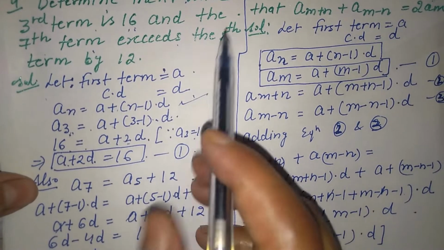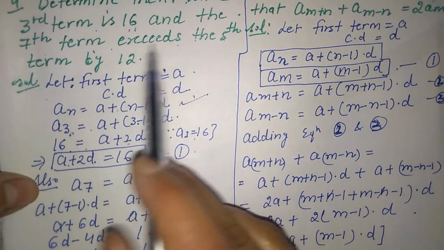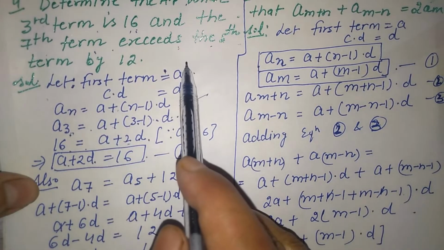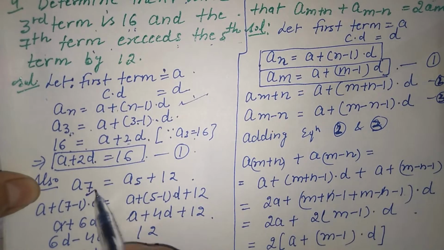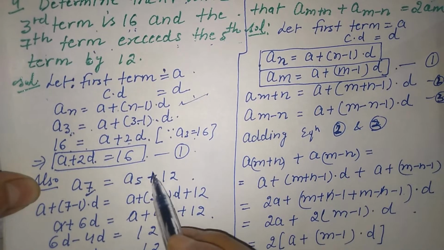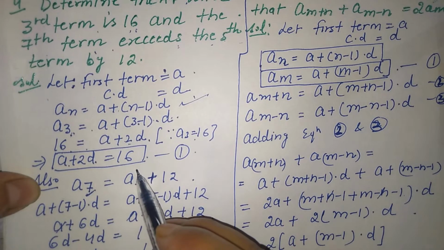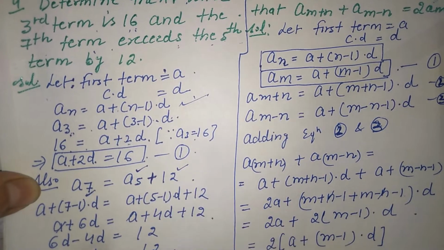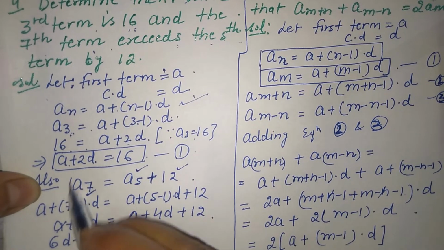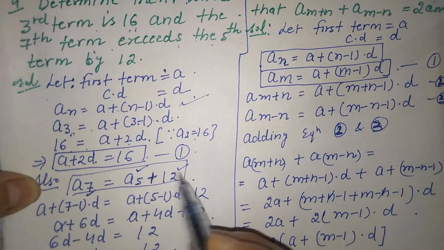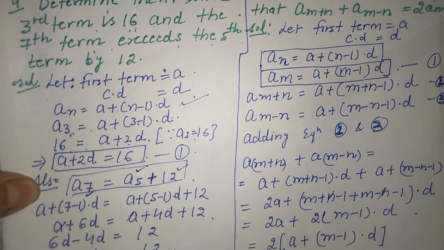Now it is given that the 7th term exceeds the 5th term by 12. Exceeds means plus, the 5th term plus 12. So the equation we have here is a7 is equal to a5 plus 12.